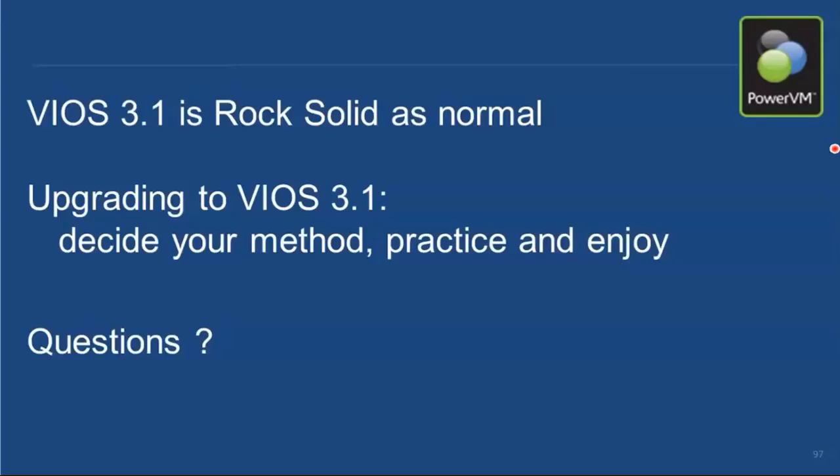Go on, Jyoti. Okay, so another question was, somebody said they read in a document that after upgrade to 3.1 through the VIOS upgrade tool, disk attributes like reserve policy, queue depth, and so on will be set to defaults. Yeah, that's a good point, actually. Let's make a comment about that. Because you're upgrading from AIX 6.1 to AIX 7.2, any tuning that you've done at 6.1 does not apply. I mean, it is a new operating system in that sense.